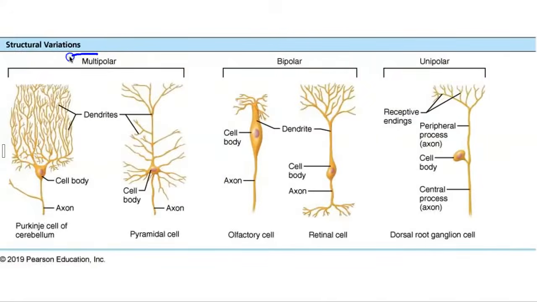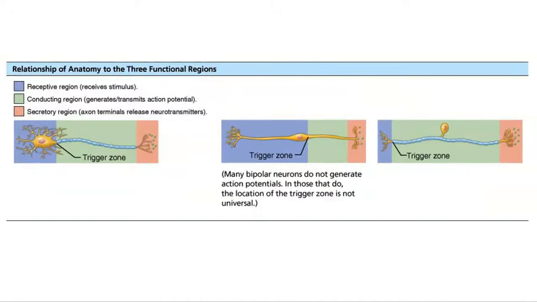Here we can see some variance between multipolar neurons, bipolar neurons, and unipolar neurons. But regardless of what they look like, all three of the structural types of neurons work in the same way. So you can see in the multipolar neuron that there is a region that receives the incoming information, a region that will generate and conduct the action potential, and then a region that will convey that action potential to the next cell across the synapse, using color coding.